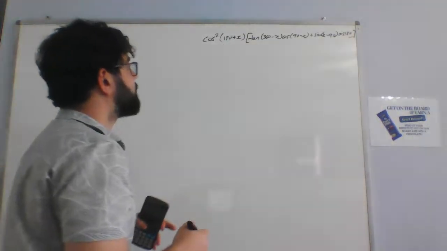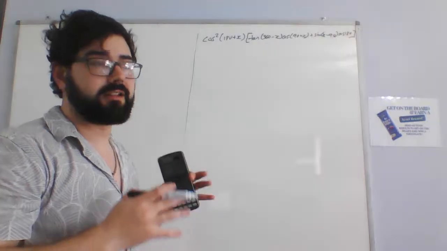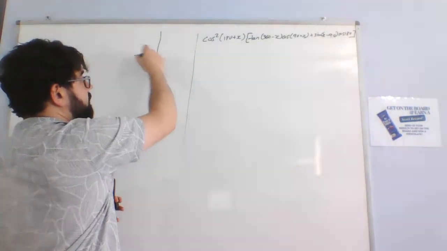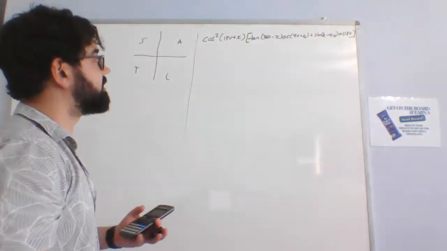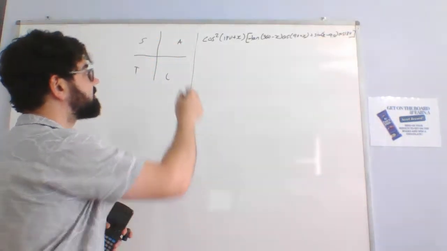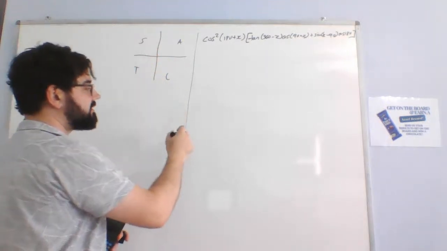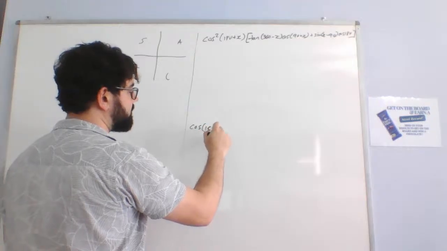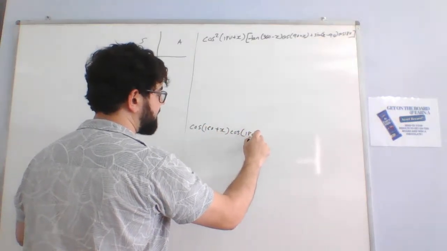So a good thing to remember when you're looking at reduction is that the squares will always be positive. So even though on our CAST diagram we need to remember which quadrants are positive and negative, cos of 180 plus is in quadrant 3, so cos is negative there. But this is actually two coses side by side. So it's cos of 180 plus x times cos of 180 plus x.